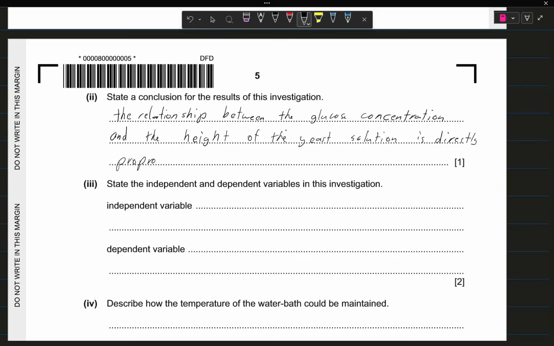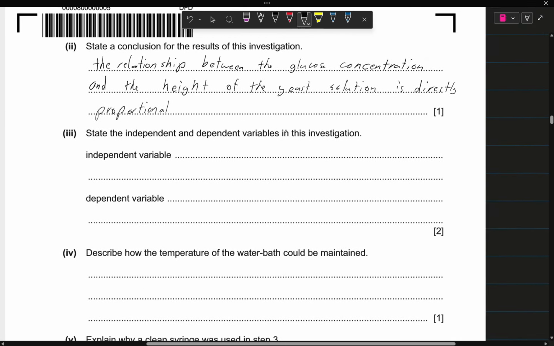Directly proportional. Now, this is actually a term that isn't only restricted to biology. It is a scientific term, which means that if you want to use it in physics and chemistry, you can as well. Though I'd say that it is most common in physics compared to the other two.